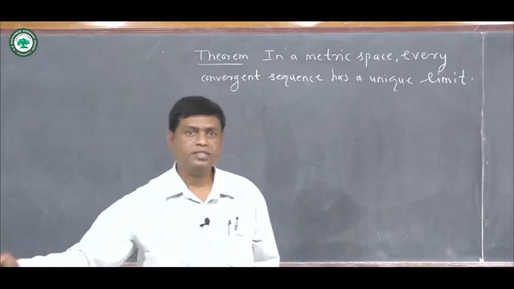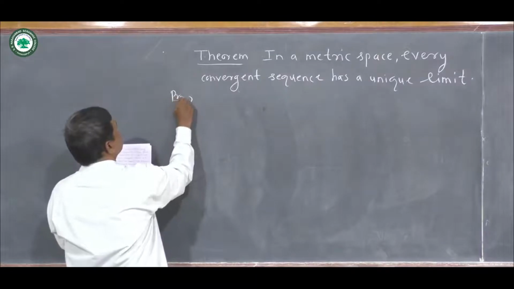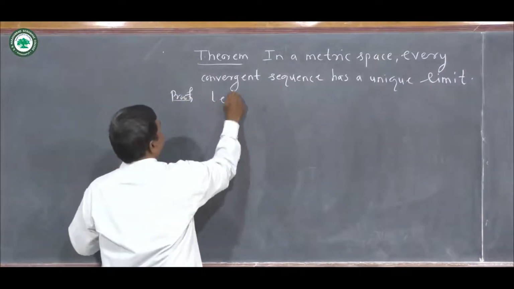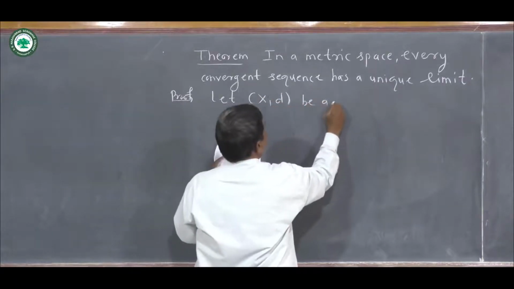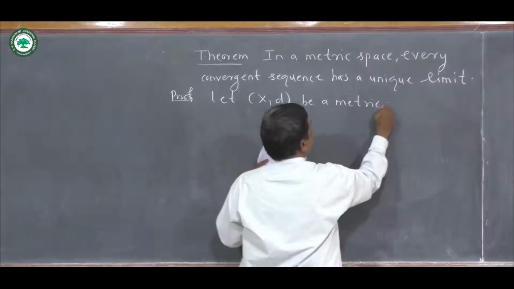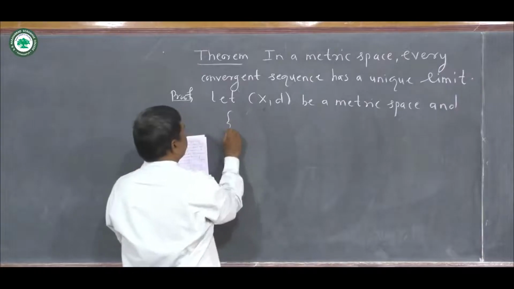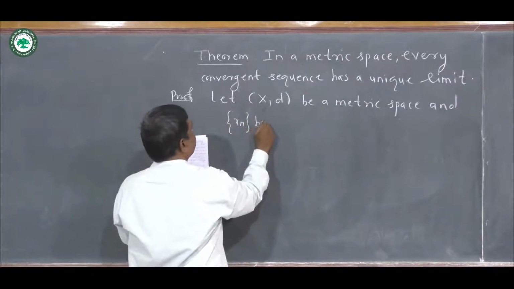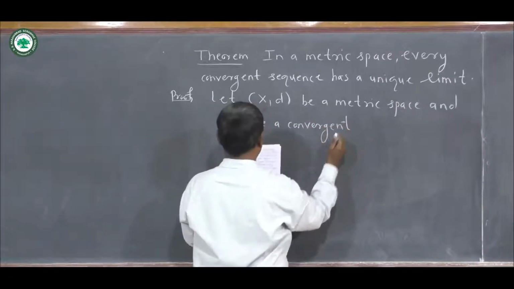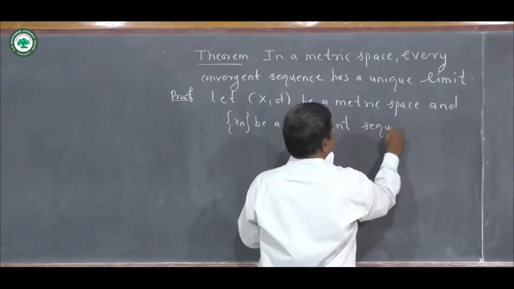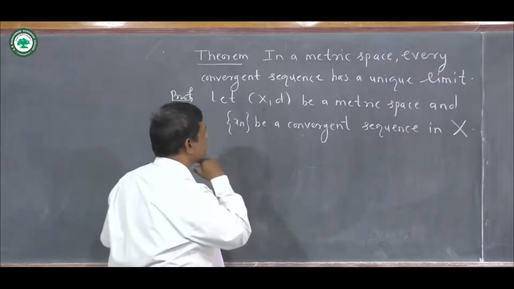So to prove this, we start by taking this sequence. The proof of this theorem: let (X, d) be a metric space, and let xn be a convergent sequence in X. Now we want to show that this sequence has a unique limit.